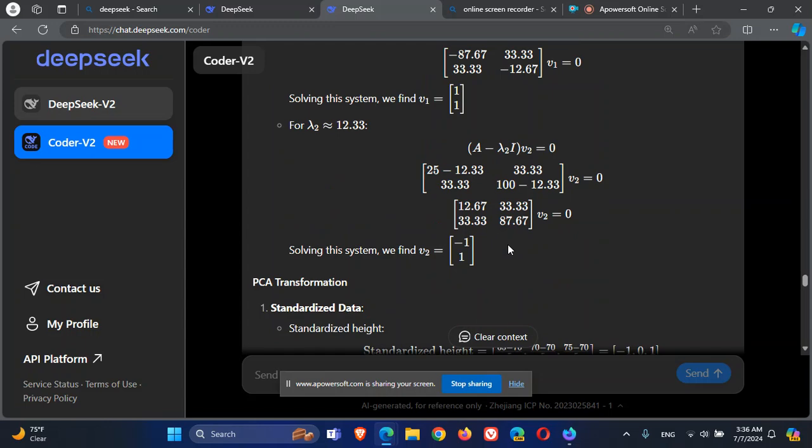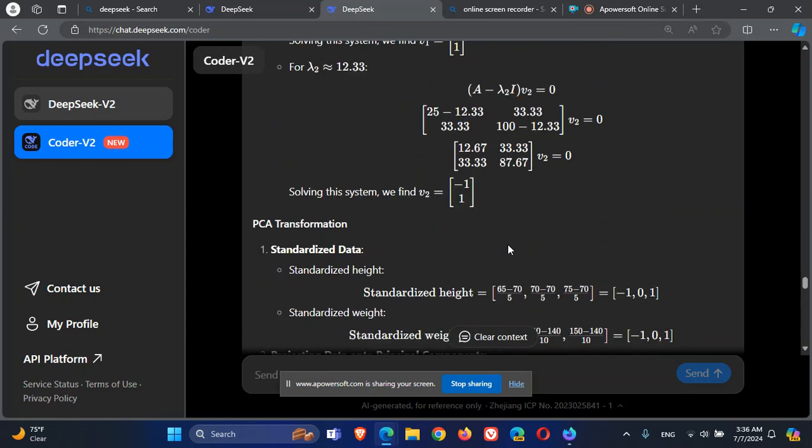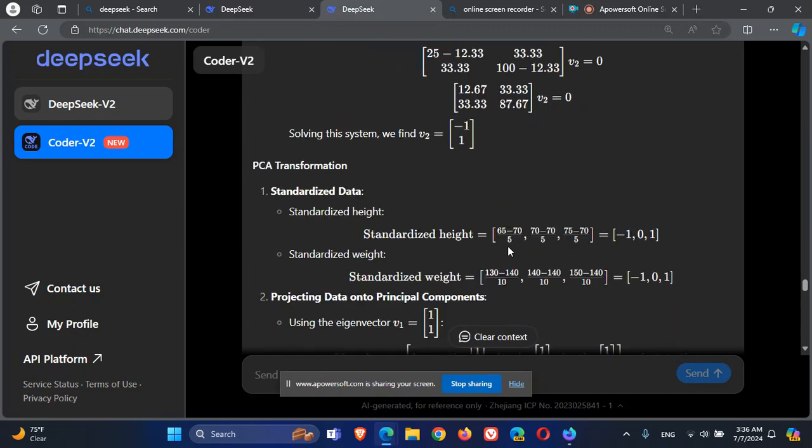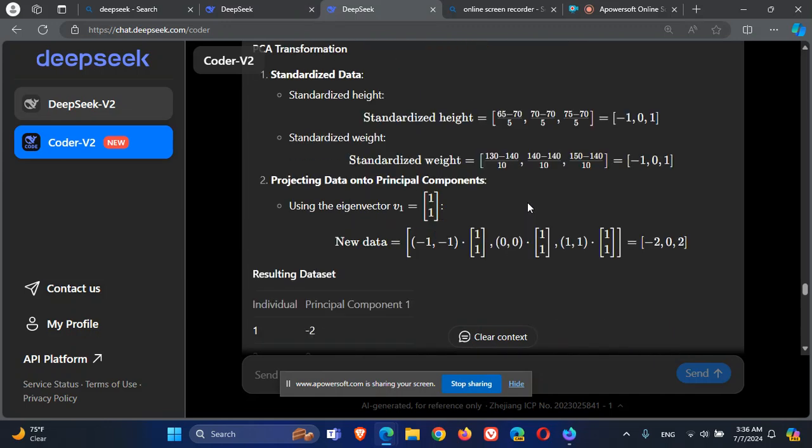Principal component 1 is the eigenvector corresponding to the bigger eigenvalue. Principal component 2 is the eigenvector corresponding to the second biggest eigenvalue. The size of the eigenvalue is important. And then project your data onto the eigenvectors you want. Here we projected the data only onto one eigenvector, only onto one principal component, not two.